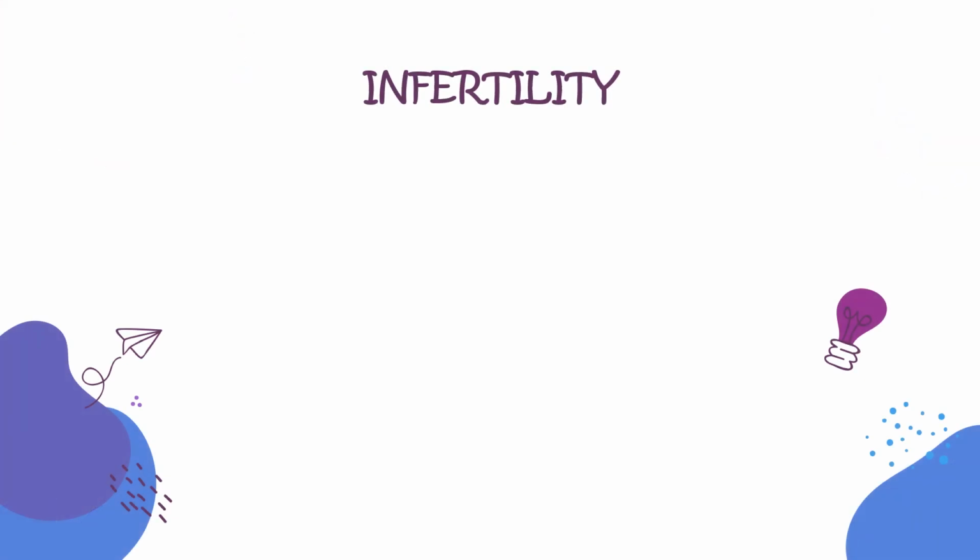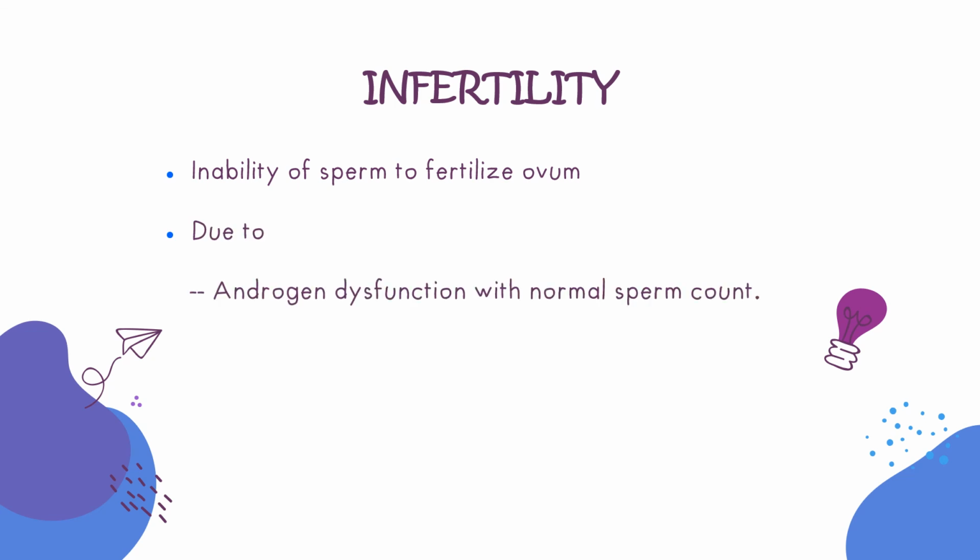Infertility in males, that is the inability of the sperm to fertilize the ovum. So it can be due to androgen dysfunction with normal sperm count, if there is a hypothalamic pituitary defect, Leydig cell defect, or androgen resistance.